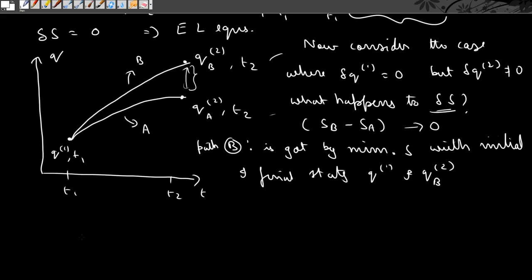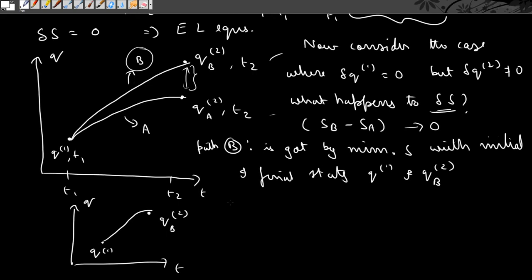So if I give our Q and T and two states, where this is Q1 and this is Q2B, then the path which corresponds to the minimum S will be the correct path, and that path is our path B.